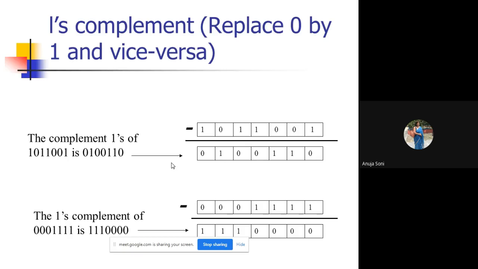And in the back exercise also, many questions are based on this concept of ones complement and twos complement. So now our focus will be on ones complement and twos complement. What is the ones complement? Though from that formula also we can get the value of ones complement and twos complement, here we are directly talking about the shortcut methods in order to find your ones complement and twos complement. Always you need to apply the shortcut methods.